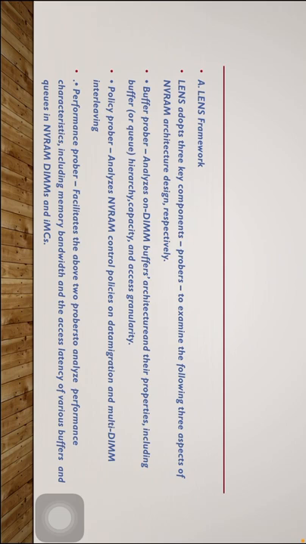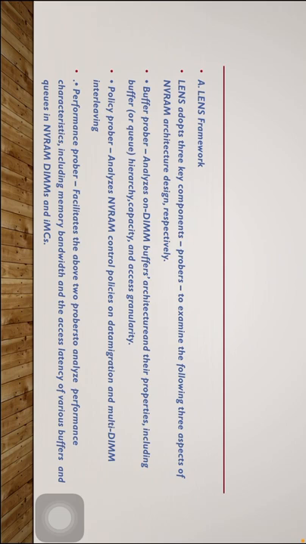LENS adopts three key components, probers, to examine the following three aspects of the NVRAM architectural design respectively. Buffer prober: analyzes DIMM buffer architecture and their properties, including buffer hierarchy, capacity and access granularity.